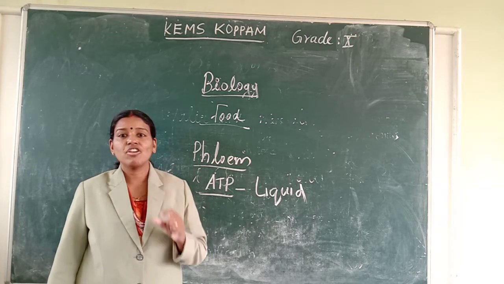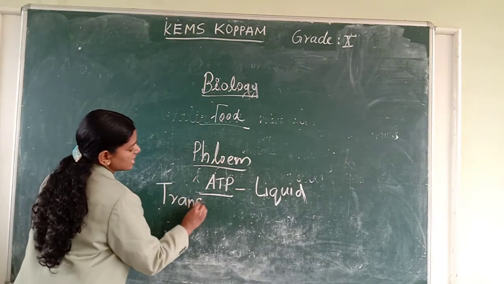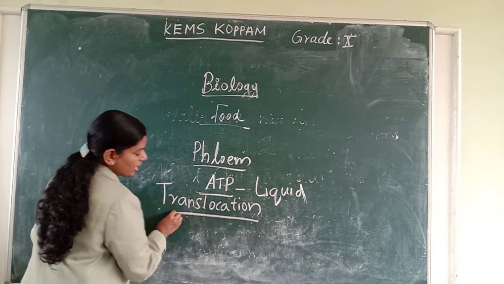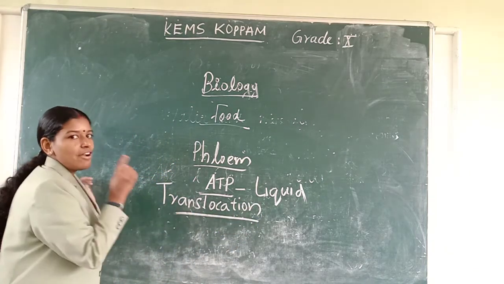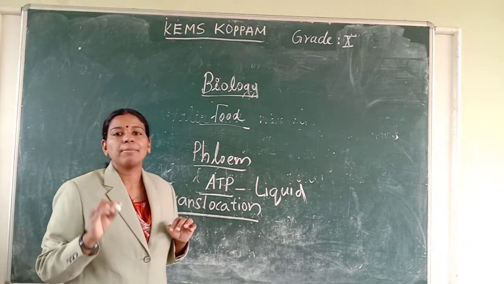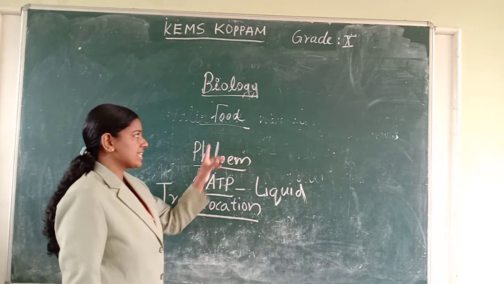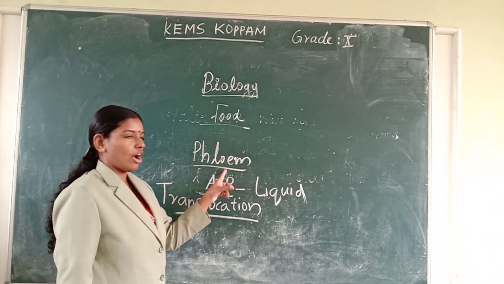There is a name for this process, which is called translocation. What is trans? Trans means changing. Location is change. That means from the leaf, the food is transported to the complete plant body, and that process is known as translocation. Once again, transportation of food takes place through the phloem.